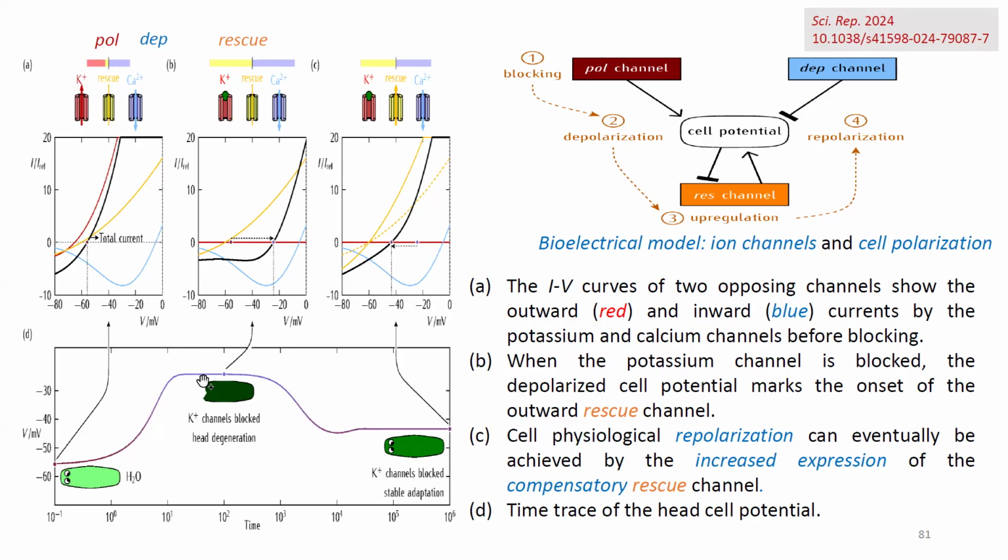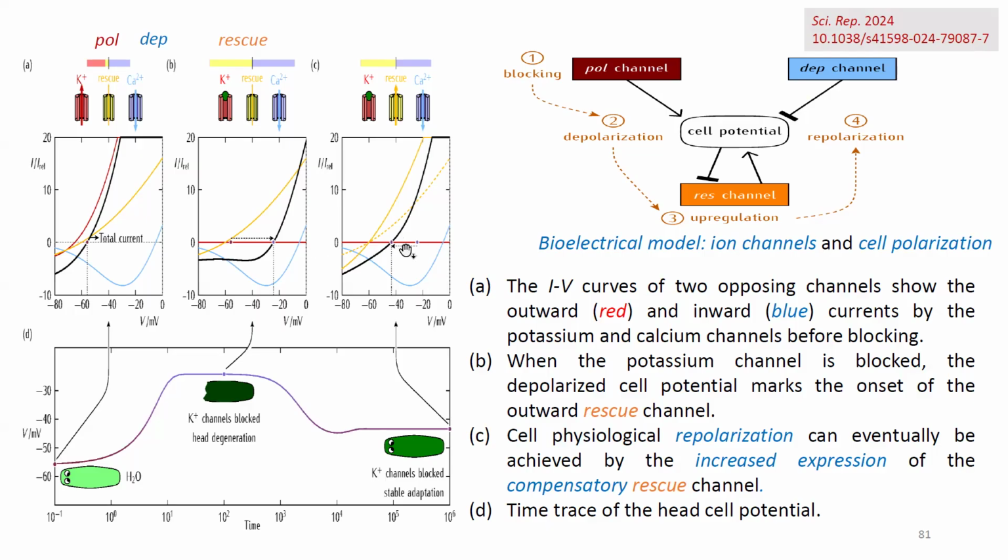And eventually in the model, some rescue channel appears that is able to make the transition again to the repolarized state. And the repolarized state is in principle able to reestablish the physiological potential window. This is the single cell model we consider.